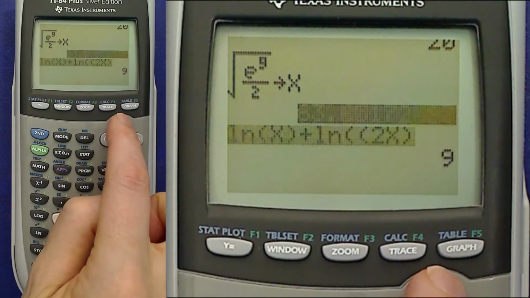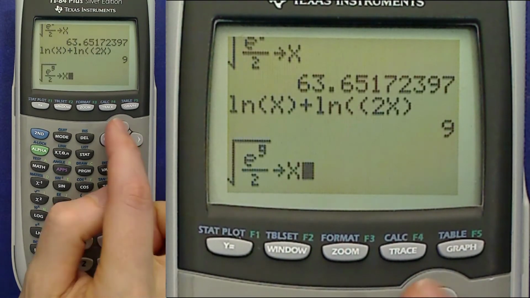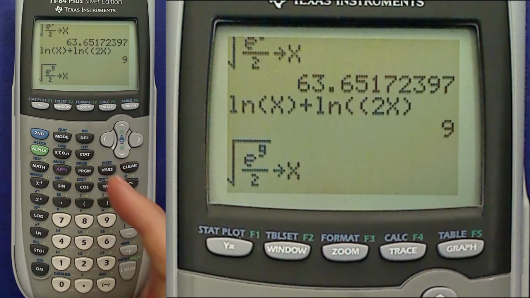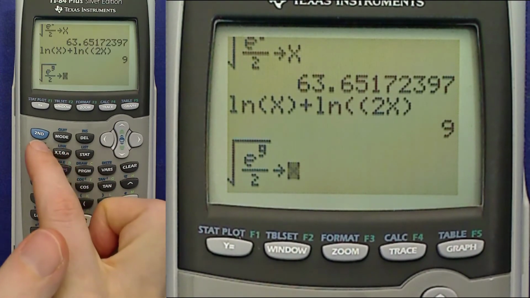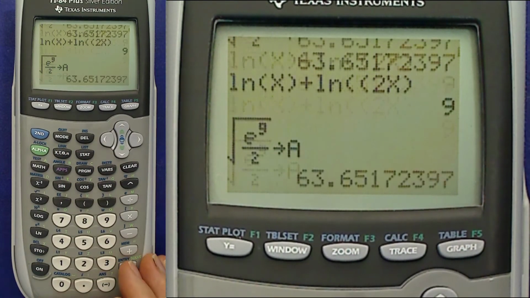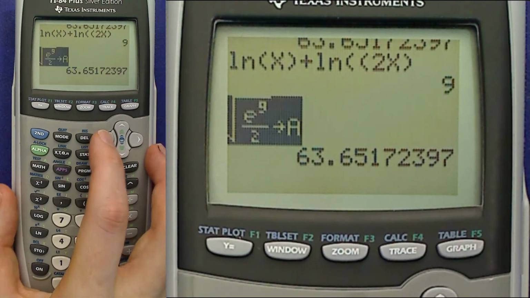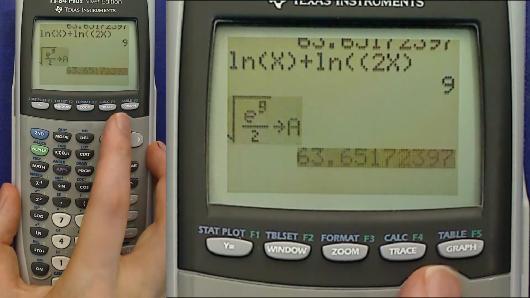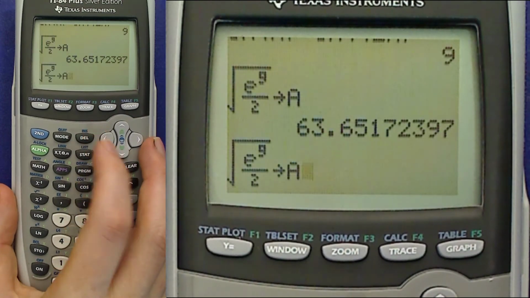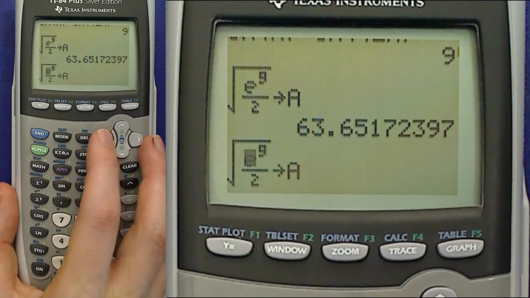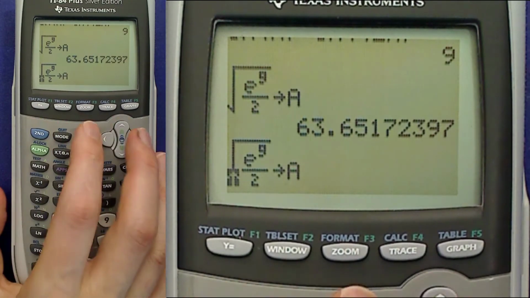But now, let's use a different letter here. How about A? Oops, I wanted to store the negative root. All right, let's try this again. So let me go over here, and I want to insert a negative sign in front of that square root.